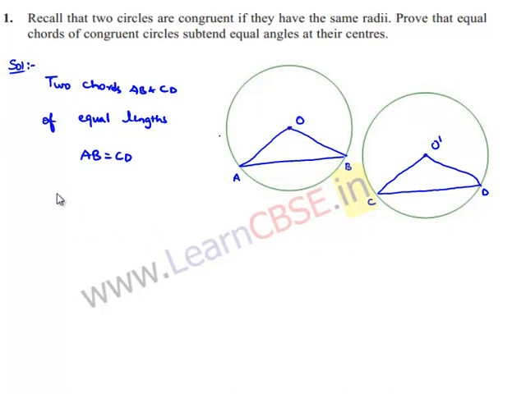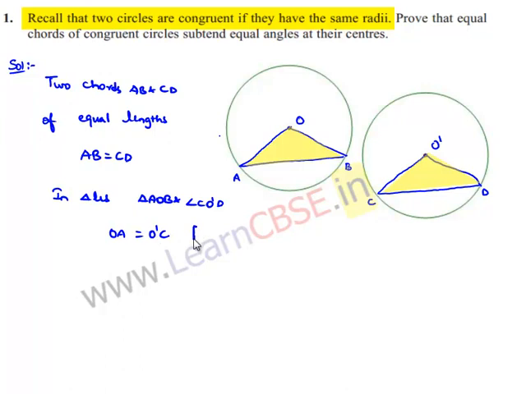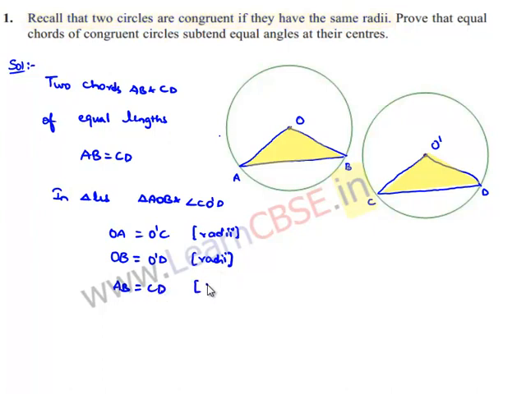In order to prove this, let us consider in both triangles, that is triangle AOB and triangle CO dash D, OA is equal to O dash C. Since the figures are congruent, their radii will be equal, and OB is equal to O dash D. Since the figures are congruent, their radii will be equal, and also initially he has given that chords are of equal lengths, therefore AB is equal to CD.